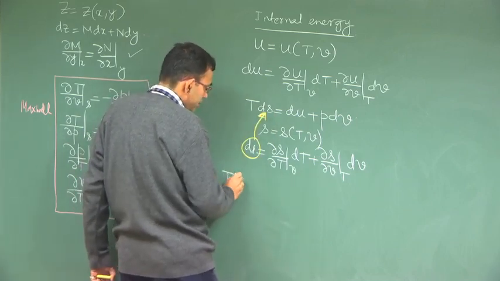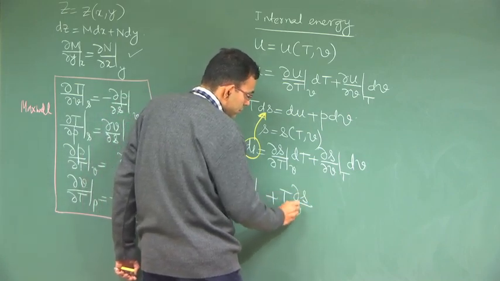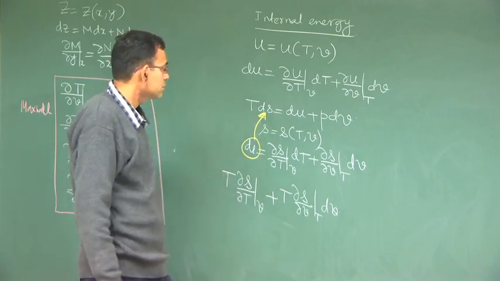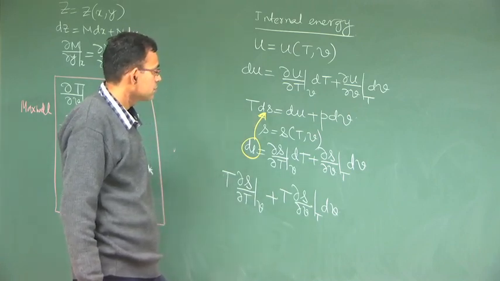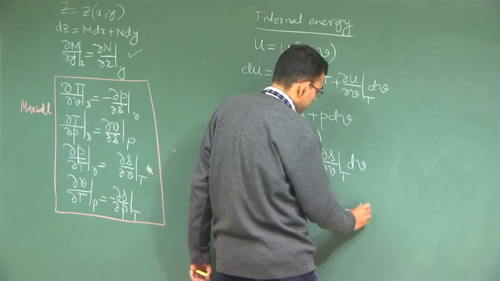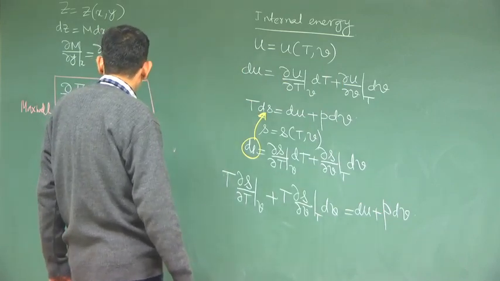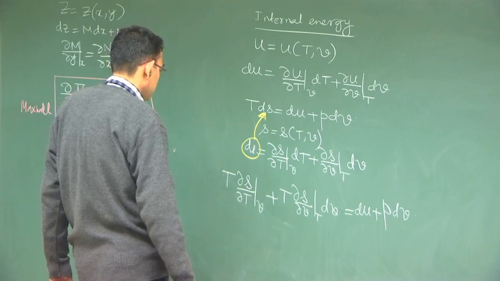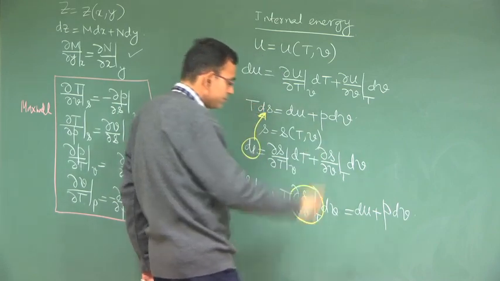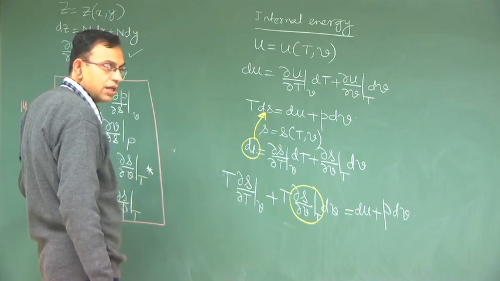So, let us write T. Okay. Then del S del V at constant temperature, this one of the thermodynamic relationships will give you the corresponding expression in terms of the measurable parameters.